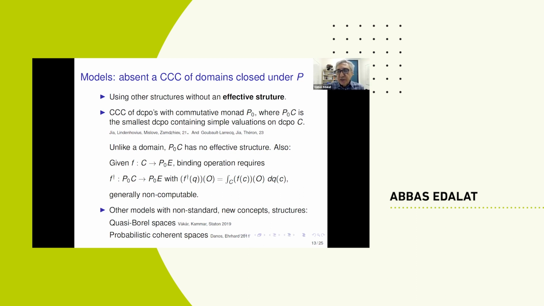So structures without an effective structure, structures which don't support a computability theory. Two prominent examples in recent years are by Mike Mislove, who is one of the founders of domain theory.